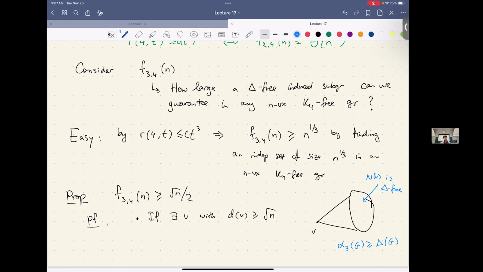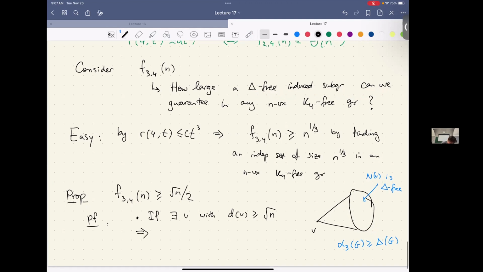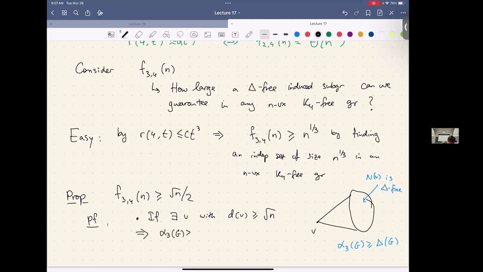If you have a vertex of degree at least square root n, by taking its neighborhood, G K4 free implies N(V) is triangle free, which implies this is at least square root n. Then we are done. Happy.